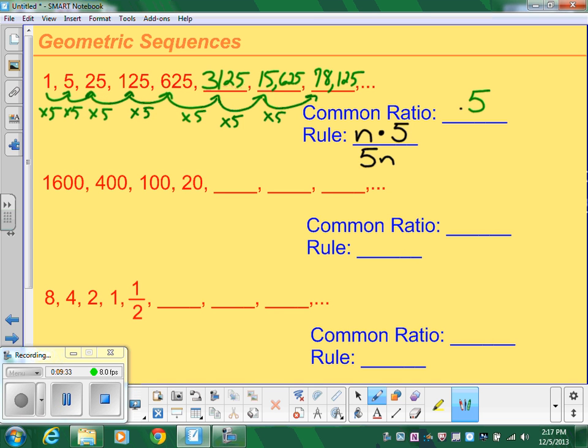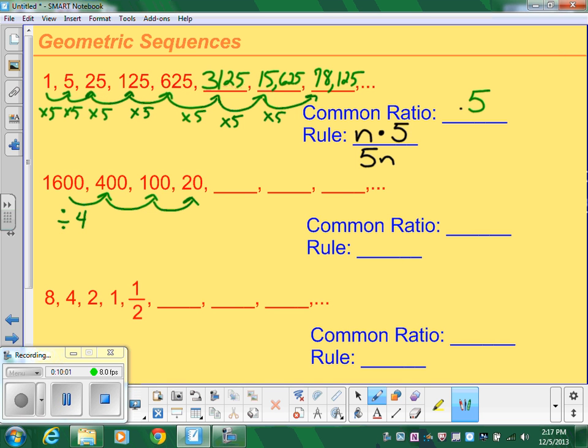If we look at the second example, once again, we are looking for our common ratio. Now in this case, we have to think about what we can multiply 1,600 by to get 400. The simple answer would not involve multiplication at all. We would say divide by 4. However, that won't give us a common ratio.